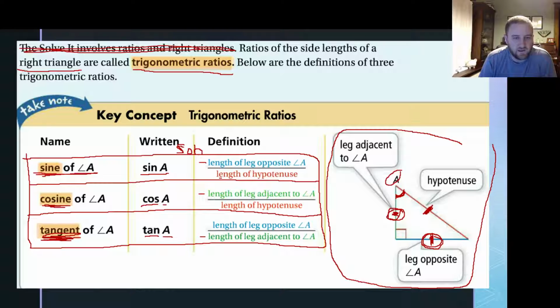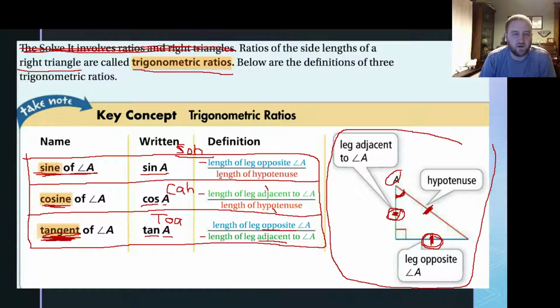Cosine is adjacent over hypotenuse. So let's think of that as C-A-H. Okay, and then tangent is the length of the leg opposite over the leg adjacent. So we'll think of tangent as T-O-A, opposite over adjacent.